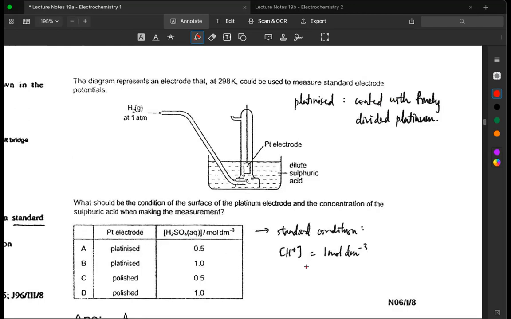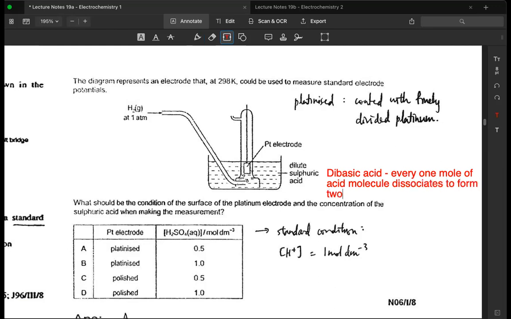Then many people might choose 0.5 because they thought everything is 1 mole per dm³. But we are talking about a dibasic acid here. That's the tricky part. If you have a dibasic acid, every 1 mole of acid molecules dissociates to form 2 moles of hydrogen ions.